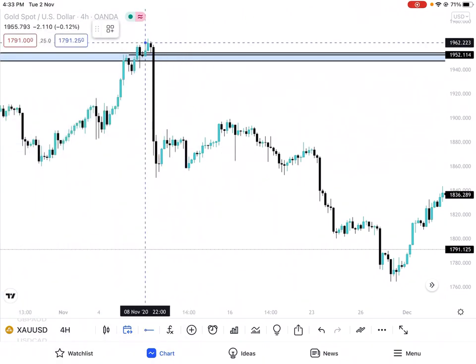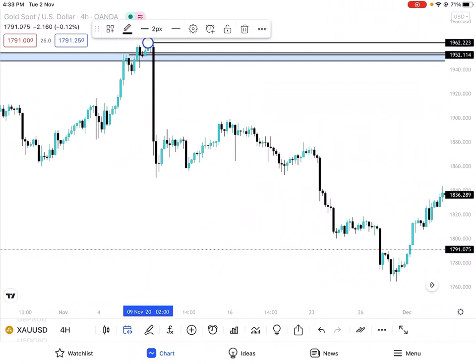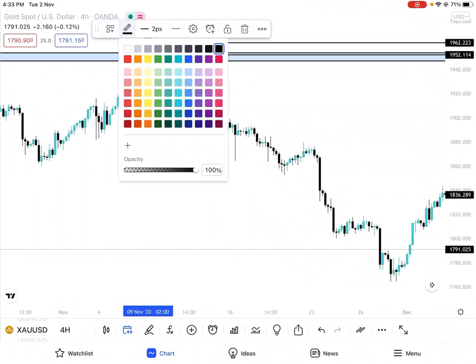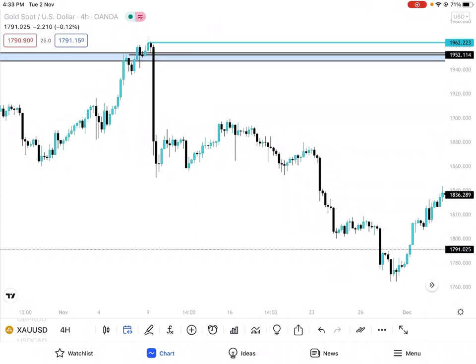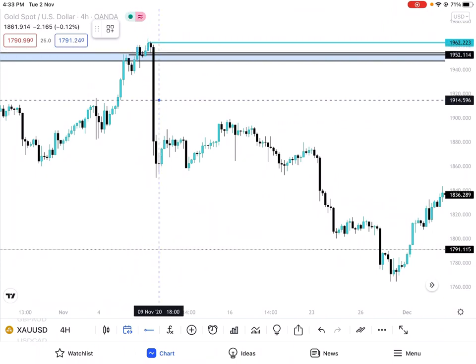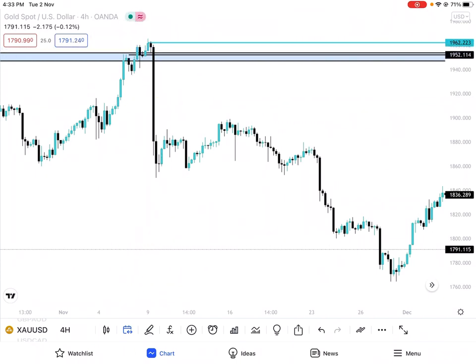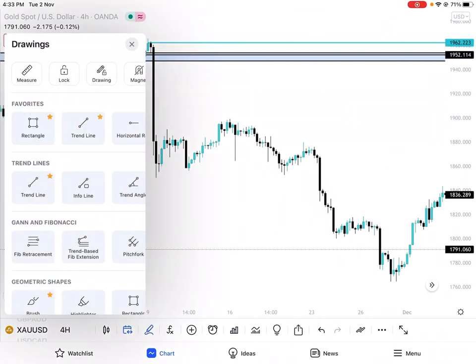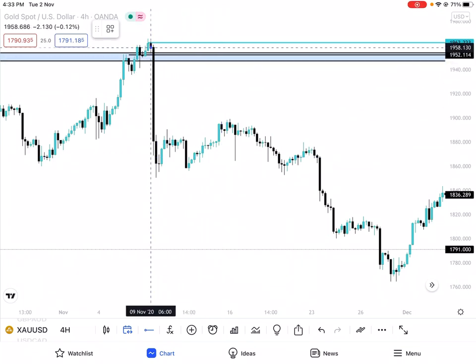For here I use another color, turquoise. So here is the first zone on H4. Then we also have the HNS here, but you see the HNS is not that fresh, so we'll mark this open close level.